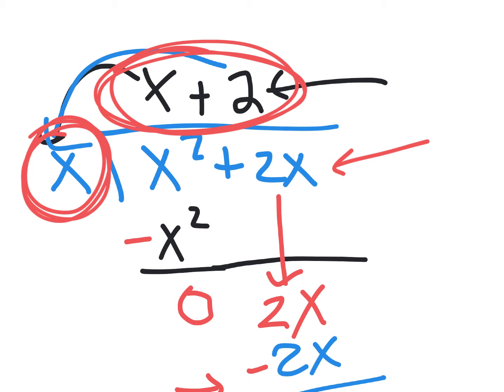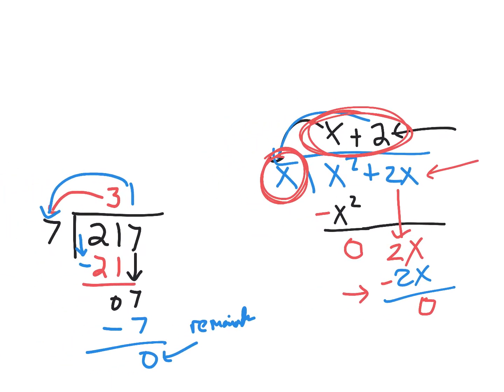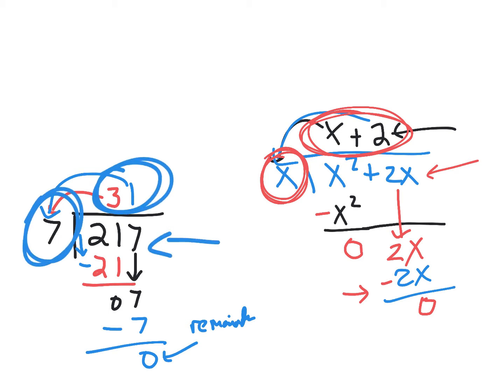It's a tool for factoring. It's kind of like that 7 and 3 made 21, right? 7 times 31 makes 217. You factored it. So that's what long dividing is: factoring.